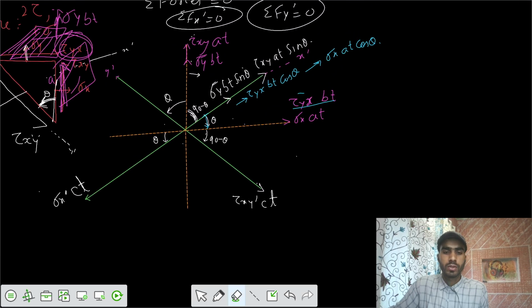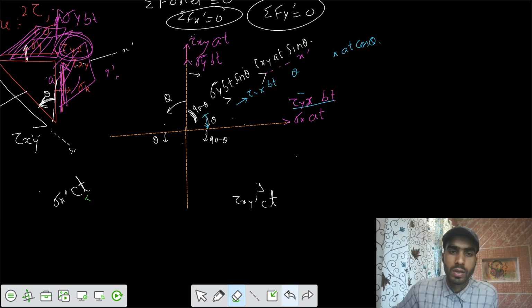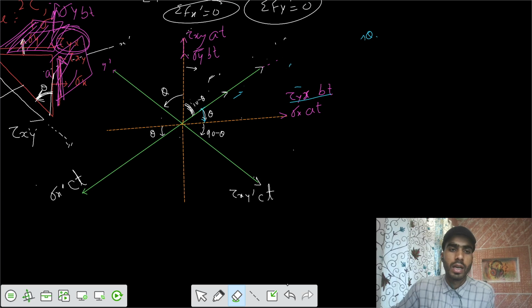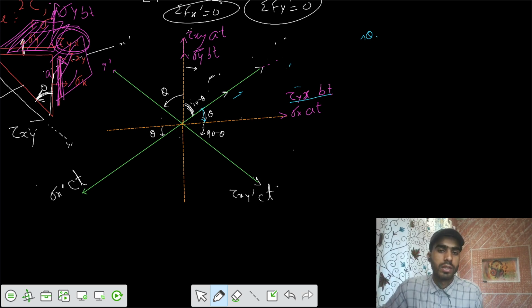Let's resolve the forces in the y direction. This part is over, this part is over. And now let's resolve the forces in this direction.